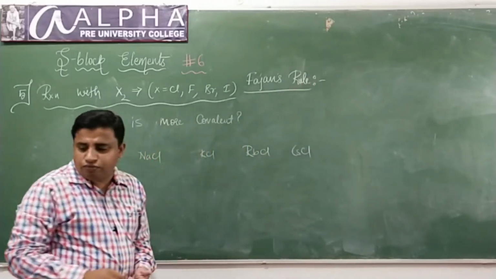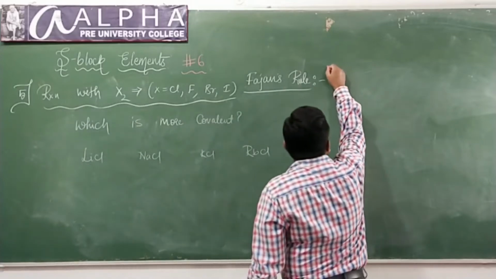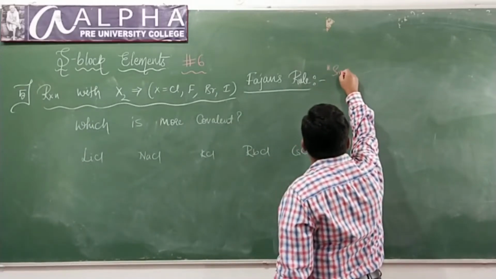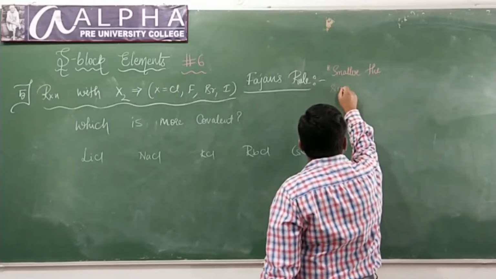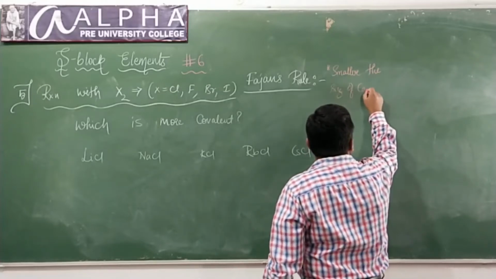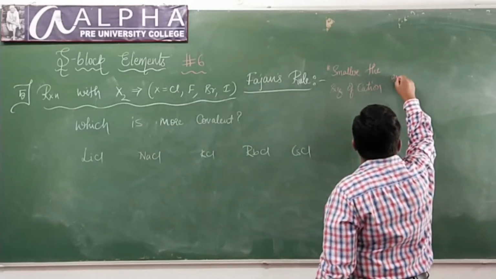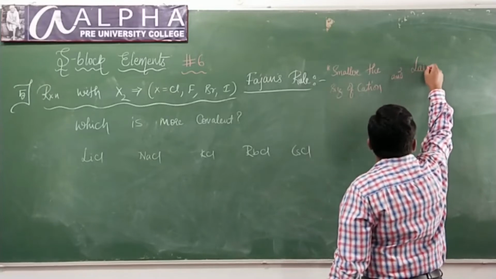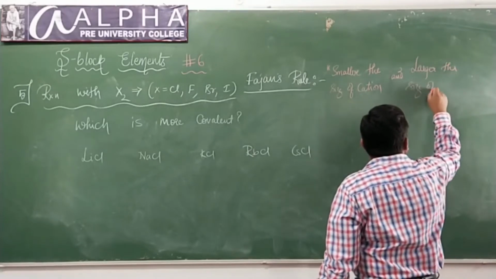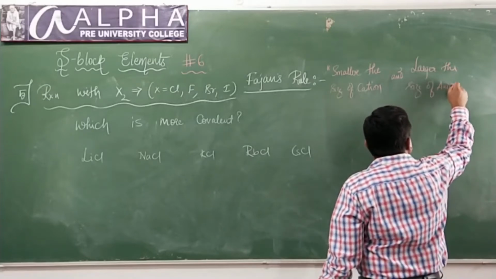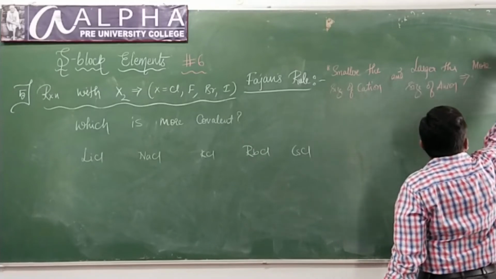So what according to Fajan's rule? Smaller the size of cation, and larger the size of anion, more will be the covalent character, isn't it?